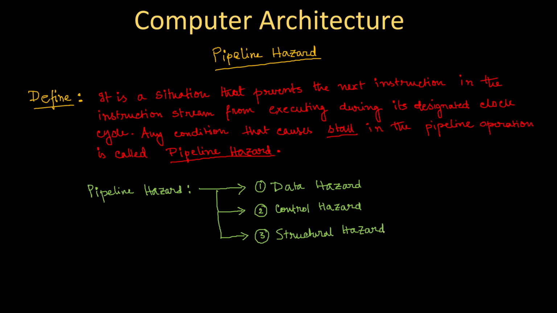So what are the different reasons of these different types of hazard? The data hazard is said to be the unavailability of data.